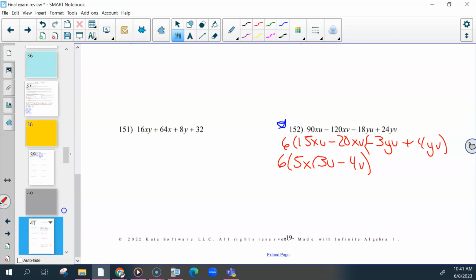Number-wise, they don't have anything in common except 1, so you would put -1. But variable-wise, they both have a y. So leaving us with 3u minus 4. So when you rewrite everything, you have the 6 on the outside, 5x minus y, and the inside 3u minus 4.